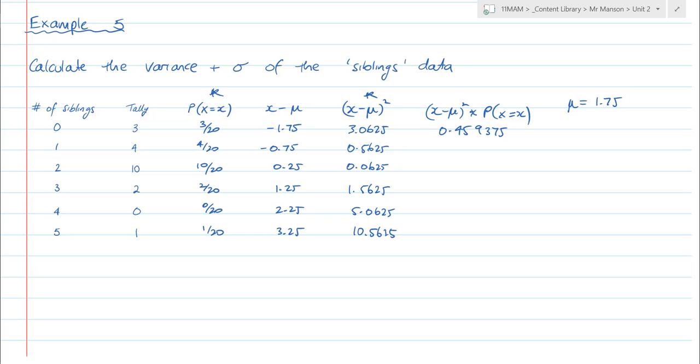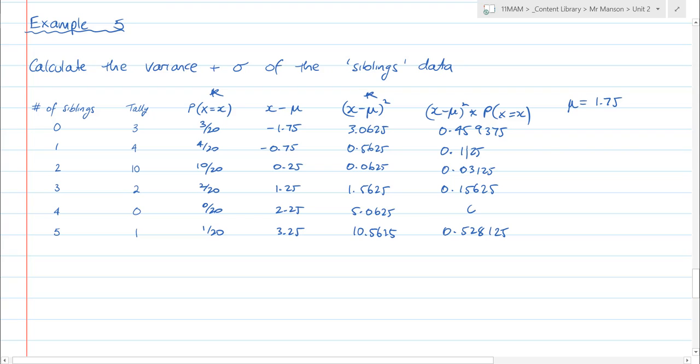0.2 times 0.5625. This is 0.1125. 0.0625 times a half is 0.03125. 1.5625 times 2/20 is 0.15625, and then 10.5625 times 1/20 is 0.528125, and that's 0.